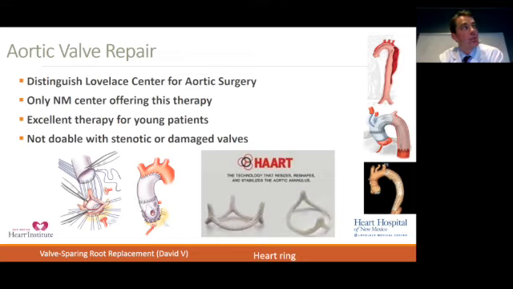What I believe is that we should be doing more and more aortic valve repair surgery every year, and that's what we've been doing. We're now doing what's called valve sparing root replacement, which is usually used for young patients in certain circumstances who have a working aortic valve but a diseased aorta around it. That surgery allows them to keep their aortic valve, which by far offers them the best outcomes.